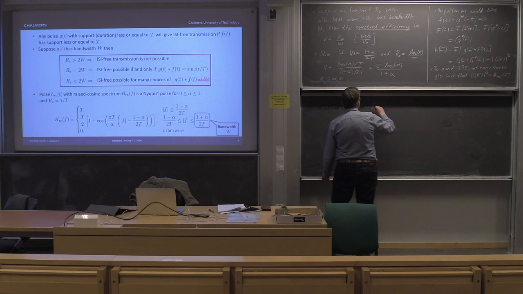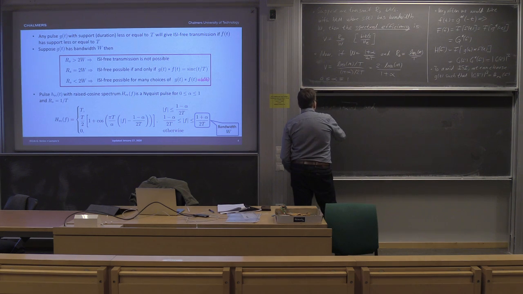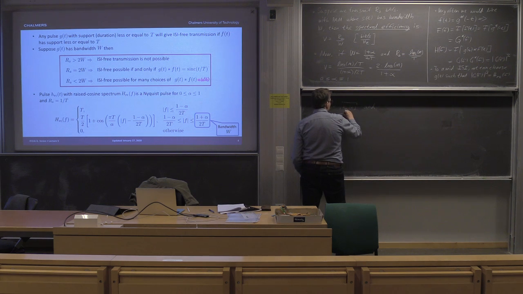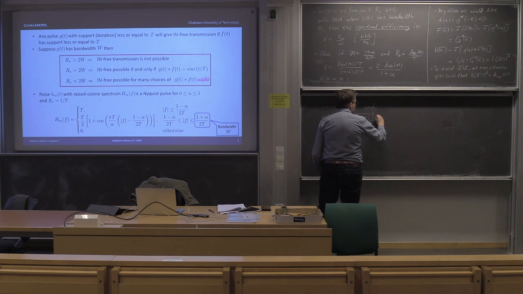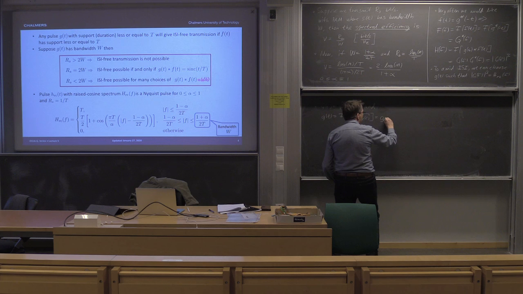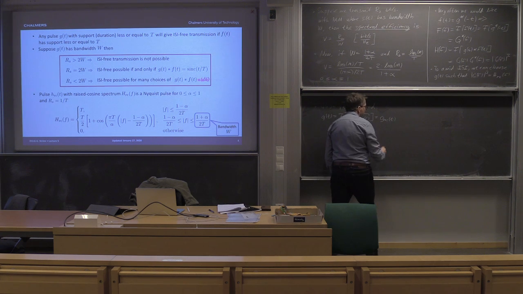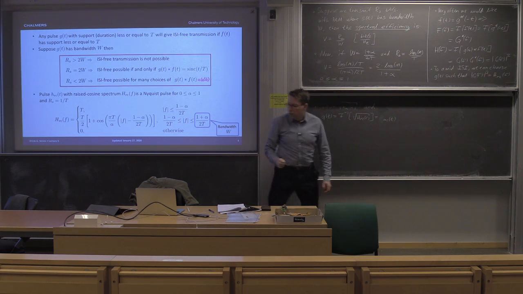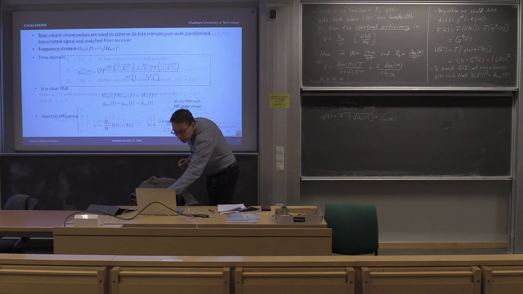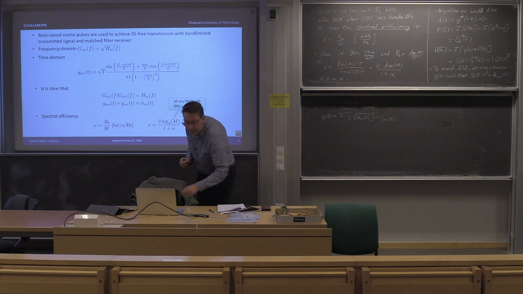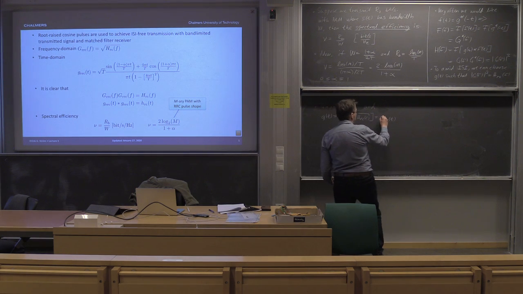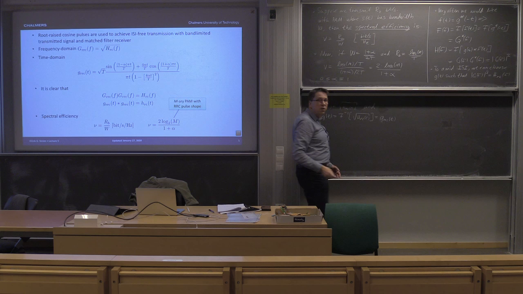And then g of t, which is the inverse Fourier transform of the square root of the raised cosine spectrum, is called a root raised cosine pulse. So G RRC of t.